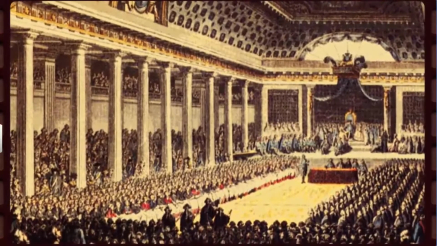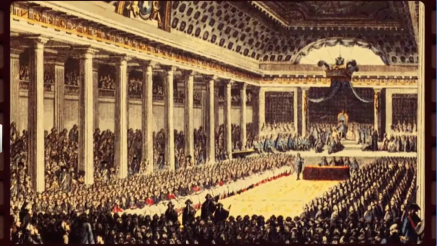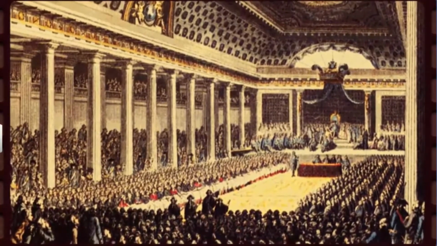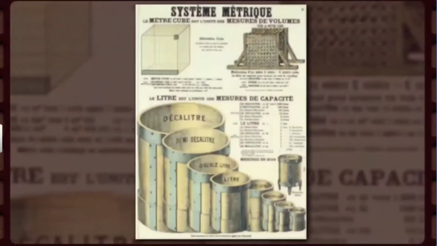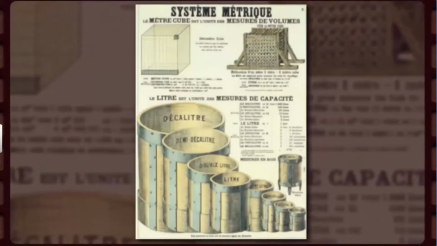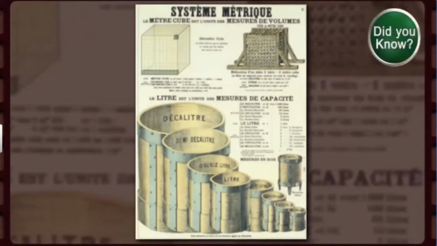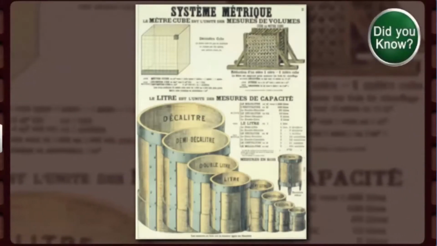This system formulated uniform laws for all French citizens. All internal custom duties and dues were abolished. A uniform system of weights and measures was adopted. Did you know that the metric system that we use today was founded by France in 1791?